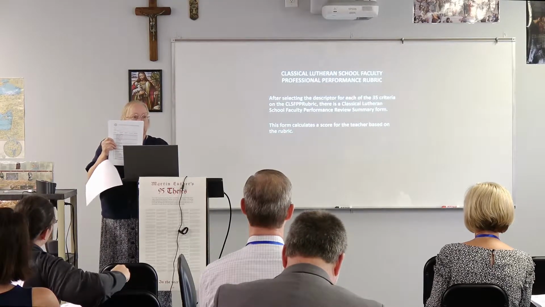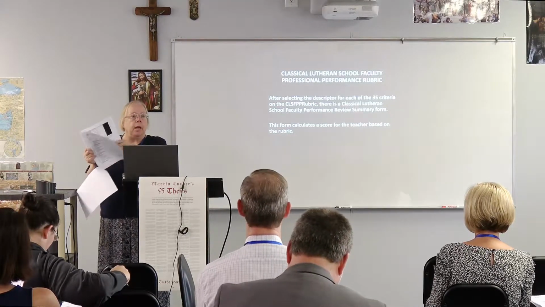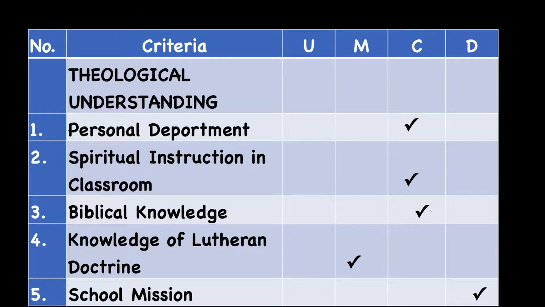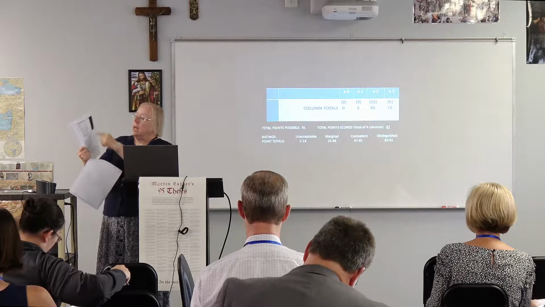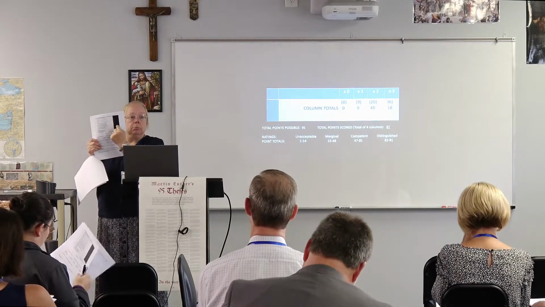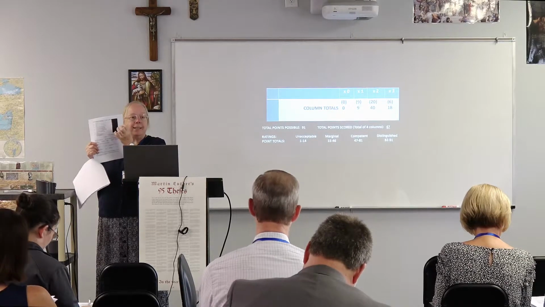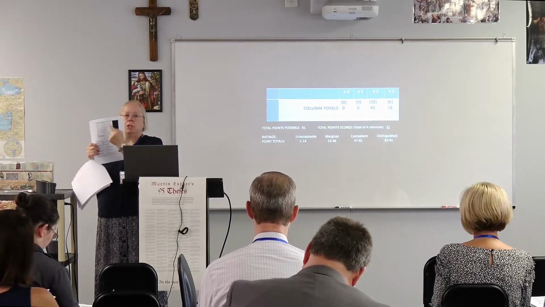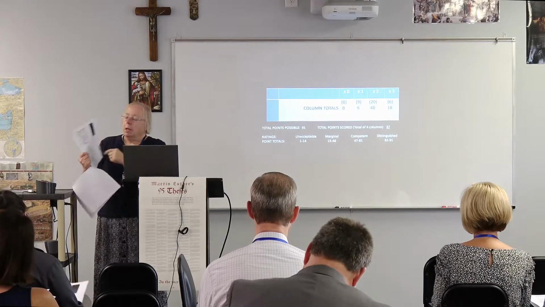This is your check sheet, and it carries over to the next page. You're just going to be checking what they can do. When you get to this last page, notice on the last page it's just yes, no. So it's not exactly the same as unacceptable, marginal, competent, and distinguished. It's just yes, they did it, no, they didn't.